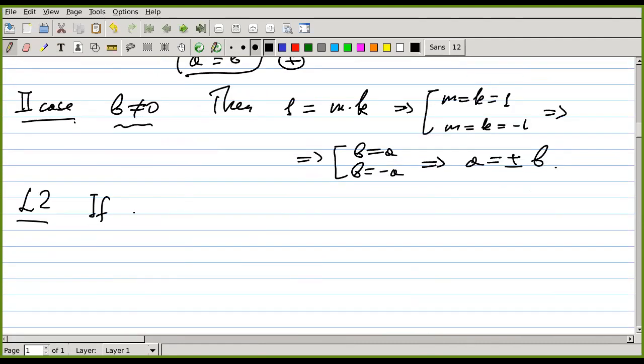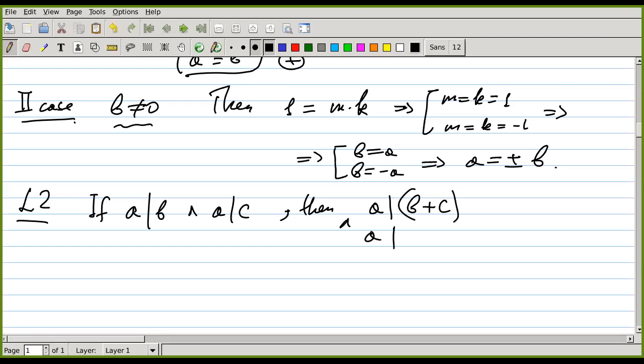Okay. If a divides b and divides c, then I say that a divides the sum, b plus c. And likewise, a divides the difference, b minus c. So if both the summands are divisible by a, then the sum is divisible as well.